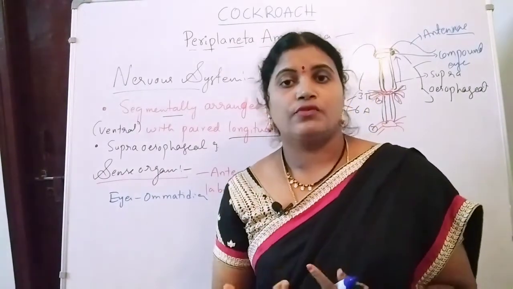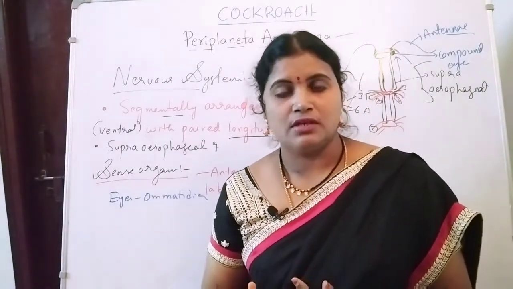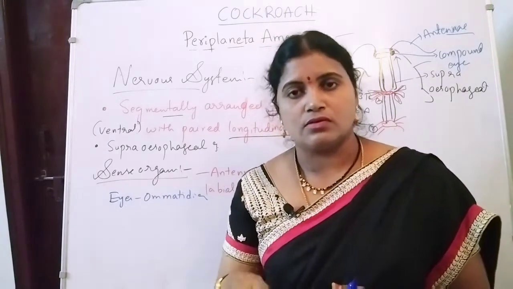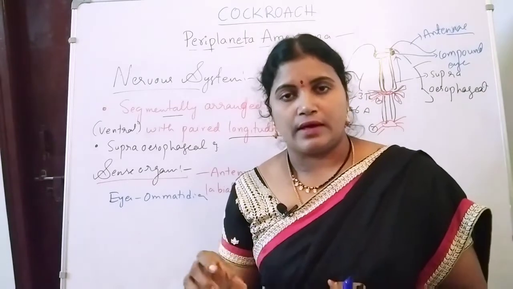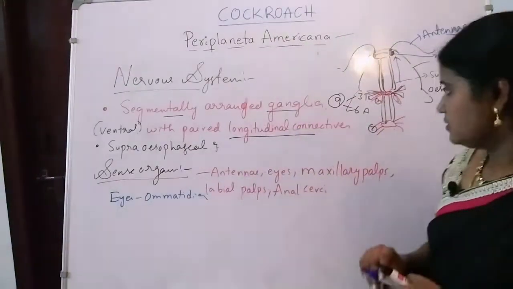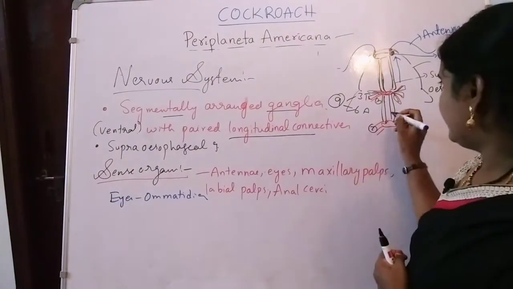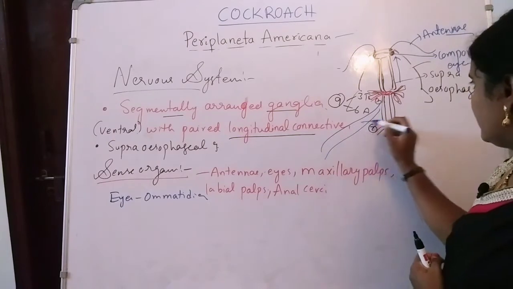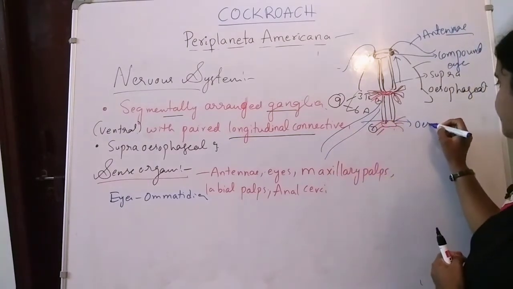After that, the subesophageal ganglia are connected with the esophagus. Even the esophagus contains nerves, and those esophageal nerves are connected with the subesophageal ganglia. For example, here it contains the esophagus.